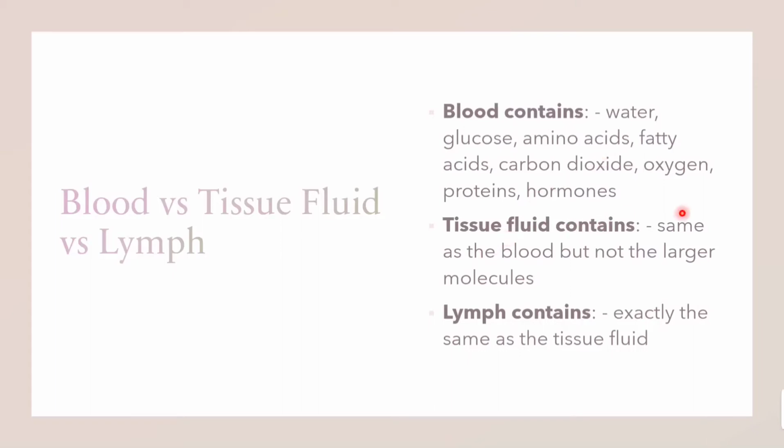Tissue fluid contains the same as blood, but not the larger molecules, and this is because the larger molecules will not be able to leave the blood vessels. And then we have lymph, and lymph contains exactly the same as tissue fluid. So you can see that these three fluids, although named different things, are mainly the same composition of molecules. They are the same fluid just in different parts of the body.